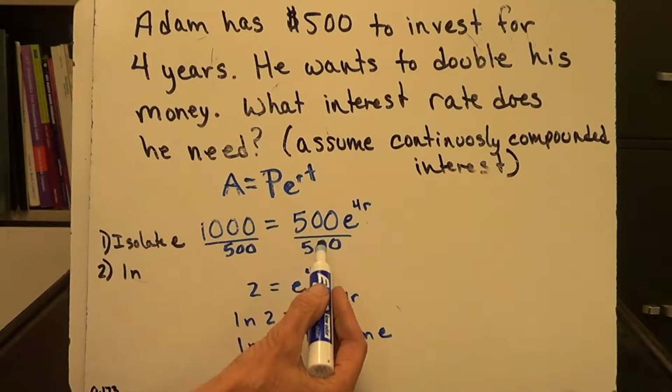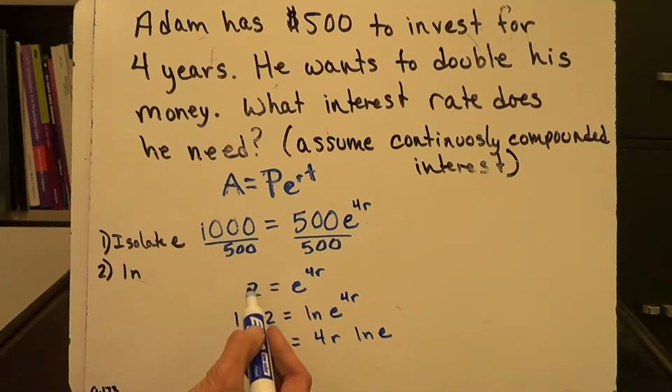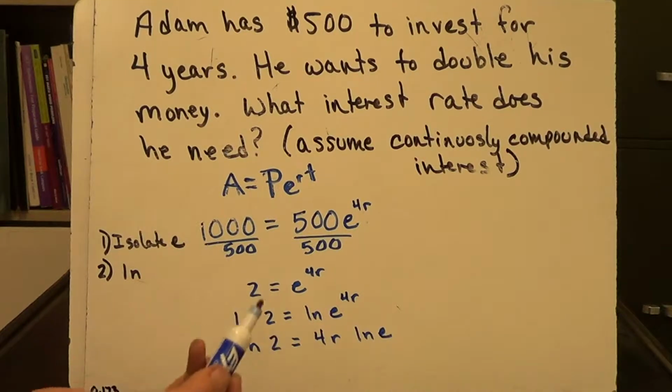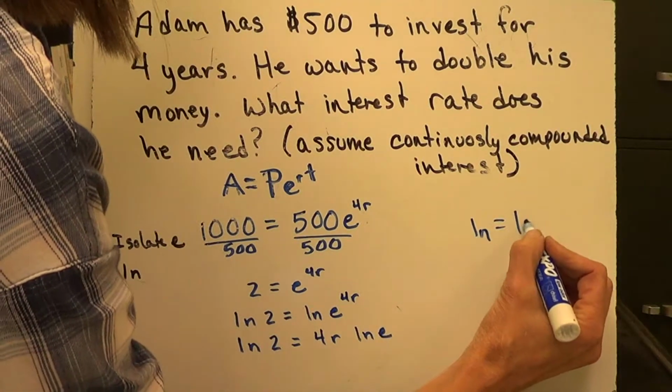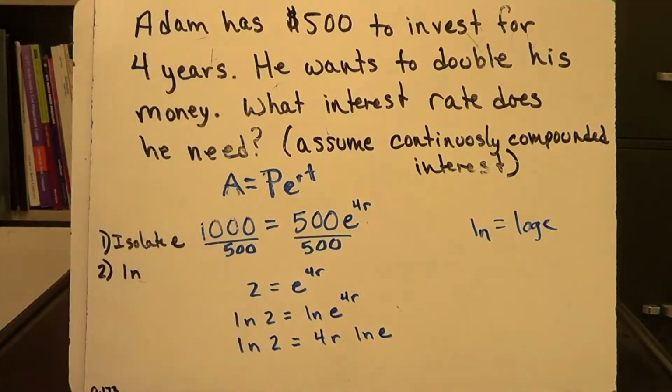So we divide by 500 on each side. We get 2 equals e to the 4r. Now we bring in our ln, which is, remember, log to the base e. So that should make sense. We bring it to each side, and then we apply the power property of logs.